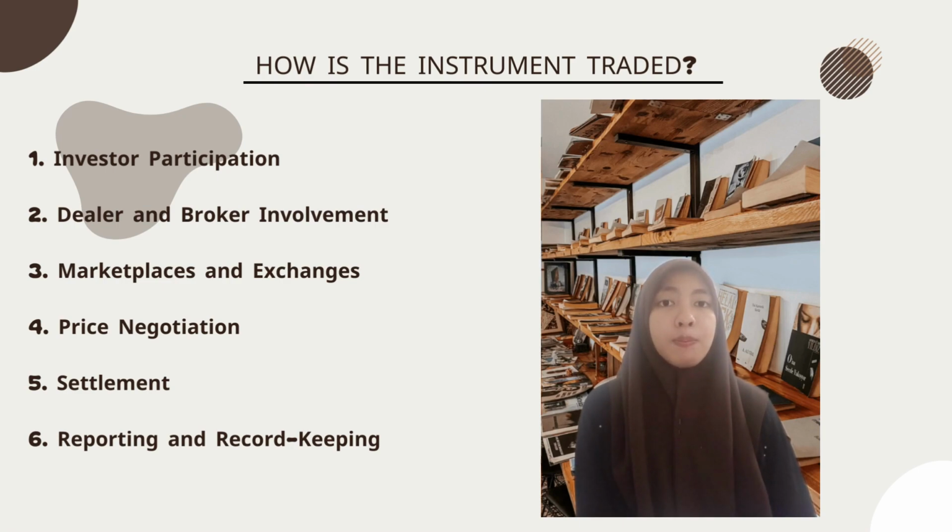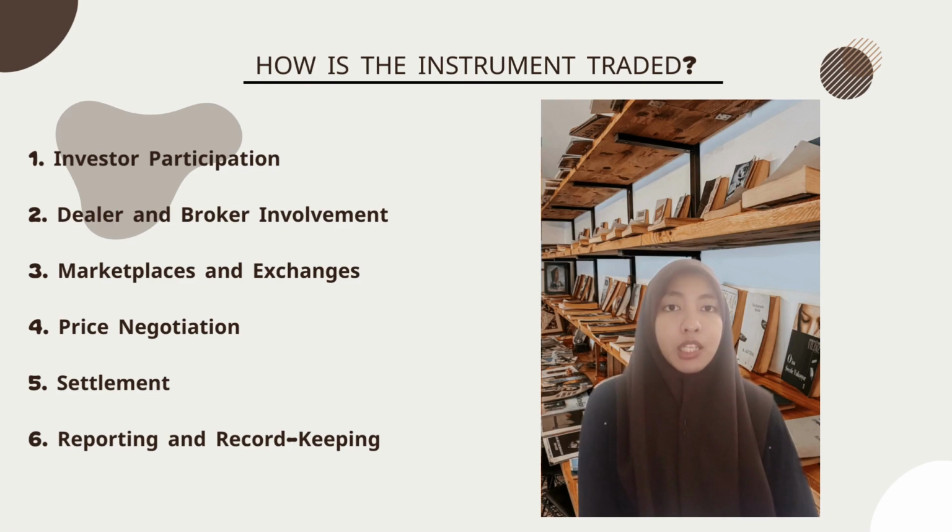Dealers and brokers play a crucial role in facilitating the trading of Cagamas commercial papers. They act as intermediaries between buyers and sellers, matching the interests of investors looking to buy or sell the papers. Third is marketplace and exchange. The trading of Cagamas commercial papers can occur through various marketplaces or over-the-counter OTC platforms.